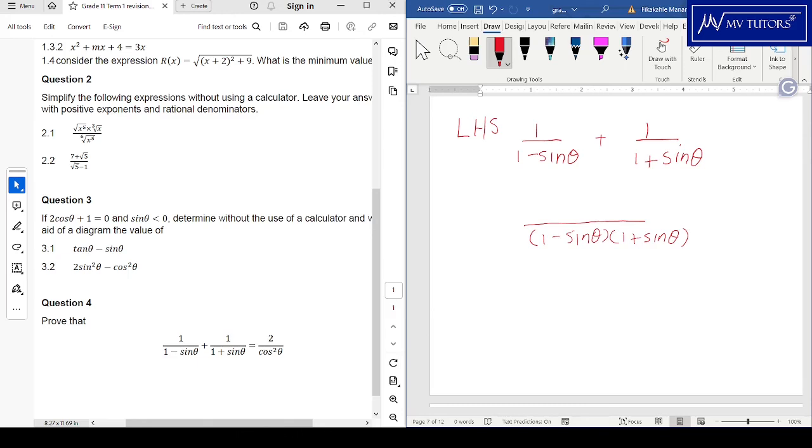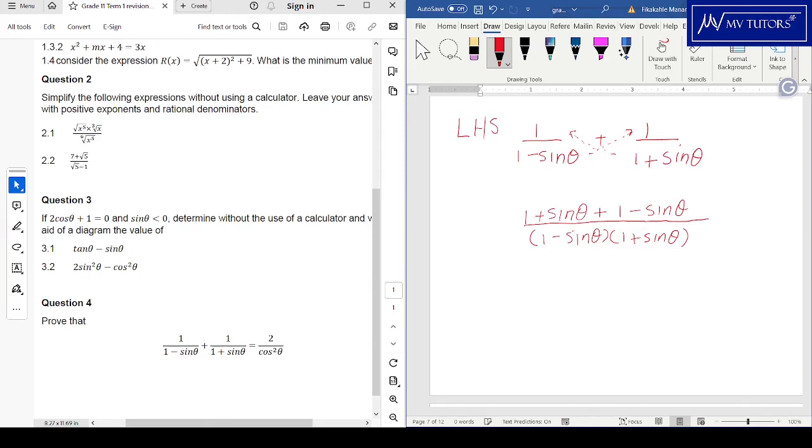So this one goes over and multiplies that one, and this one goes over and multiplies that one. So I have 1 plus sine theta. There's no need to multiply anything. Multiplied with 1 is itself. Then plus, this side I have 1 minus sine theta.